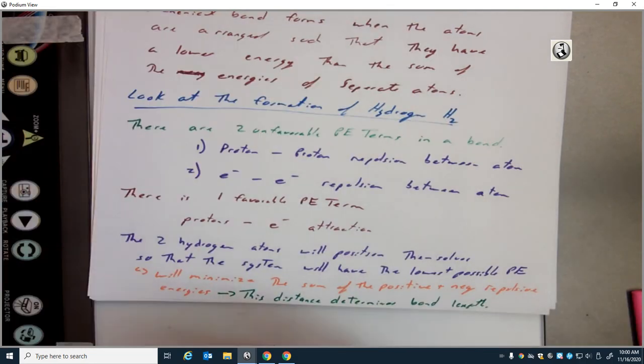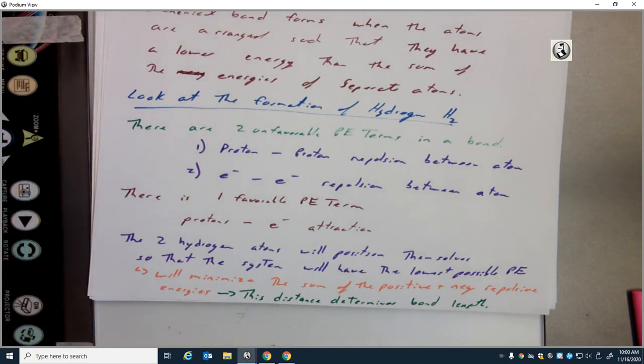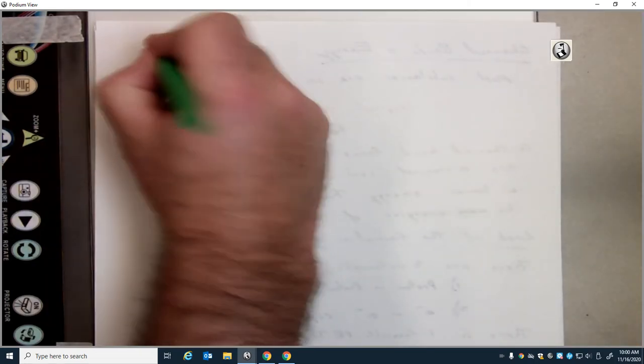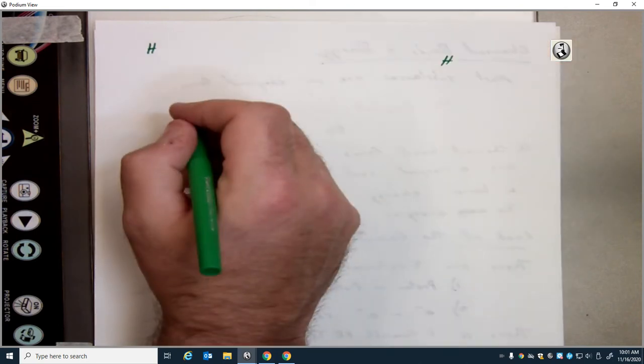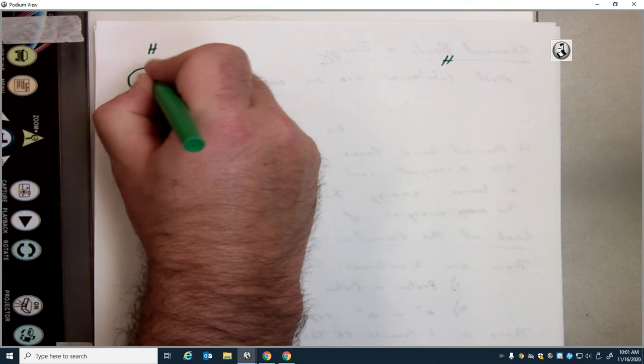Right, now, this is a bunch of words. So let's see if I can show what happens. Let's say we have two hydrogen atoms. So we got one proton, one electron.